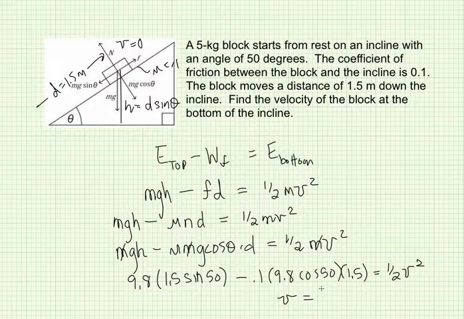Now we can solve for the velocity, which gives us a velocity of 4.54 meters per second at the bottom of the hill. So essentially all we're doing is the same conservation of energy that we did before. The only thing is I now have to subtract the work done by friction from the total at the beginning.